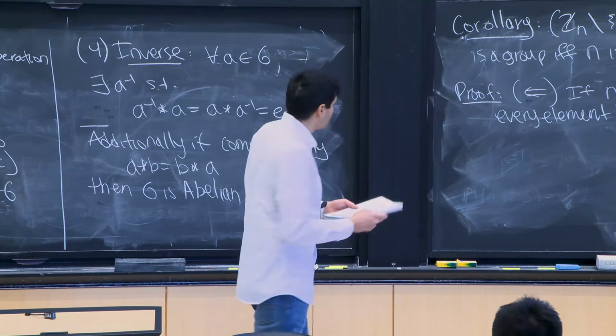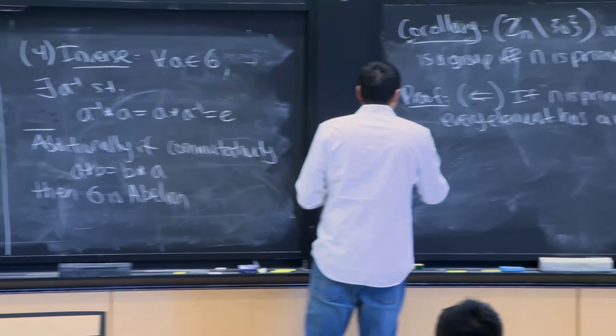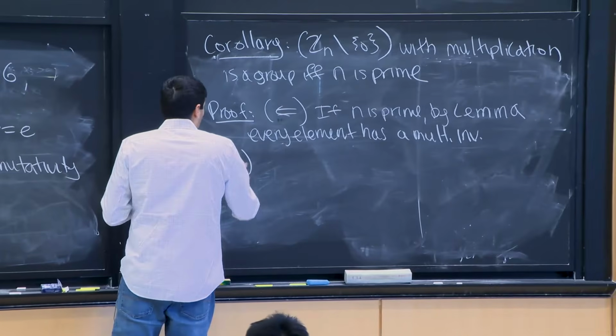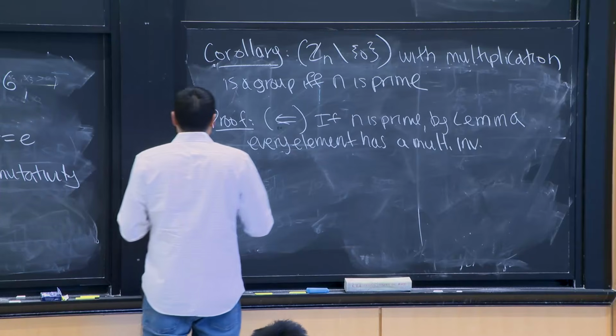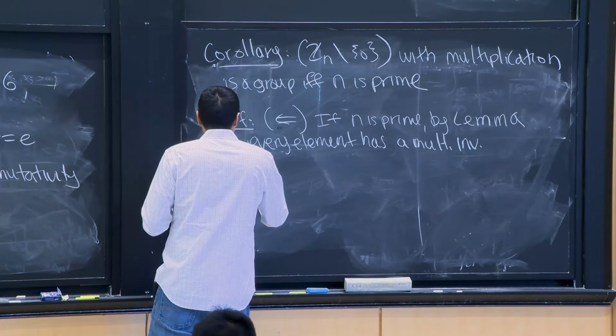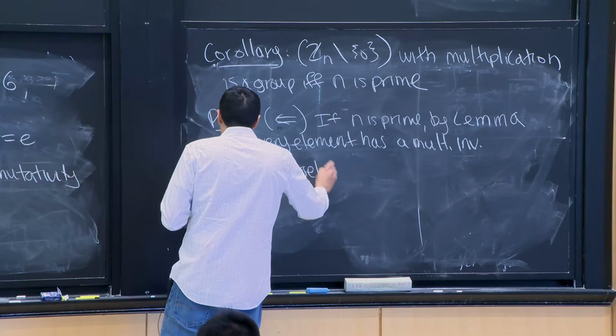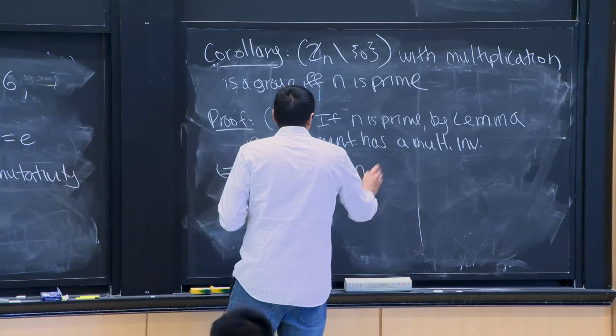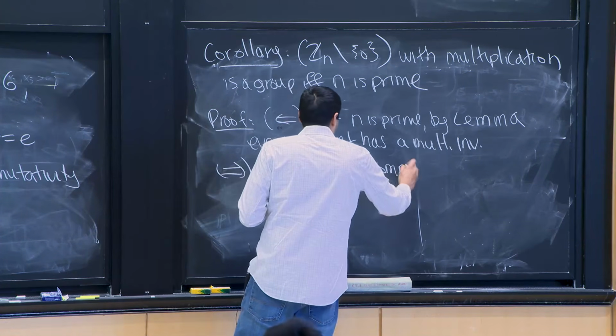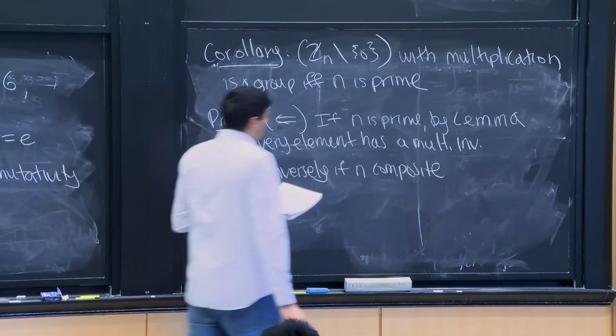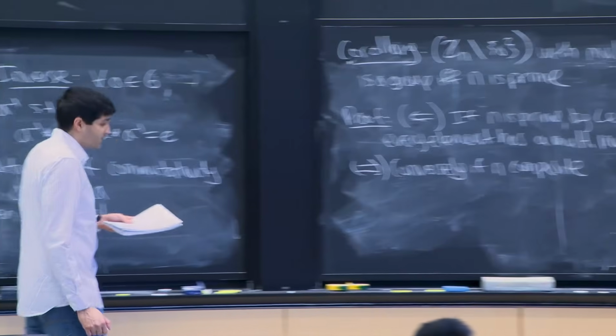The converse is equally simple, so let's prove it in the contrapositive. Let's suppose that n is composite. What I just proved was that if n is prime, then it's a group.